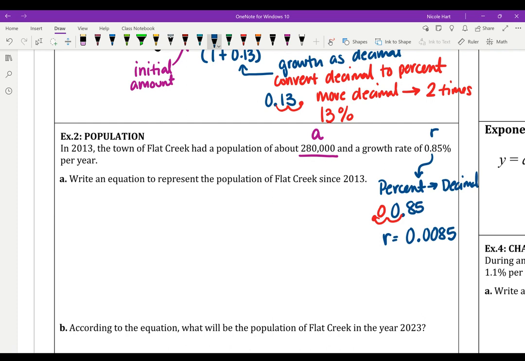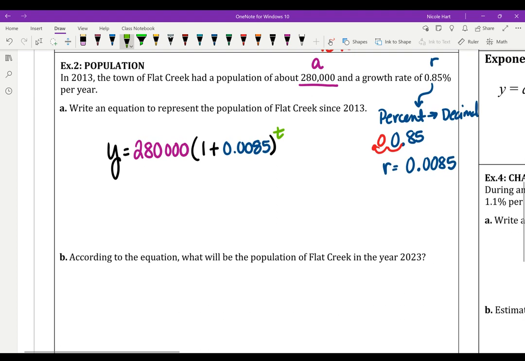We moved the decimal left 2 times instead of right 2 times. So our equation is going to say y equals 280,000(1 + 0.0085)^t, for time. So that is our equation.